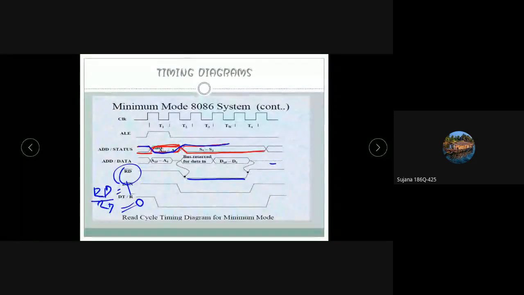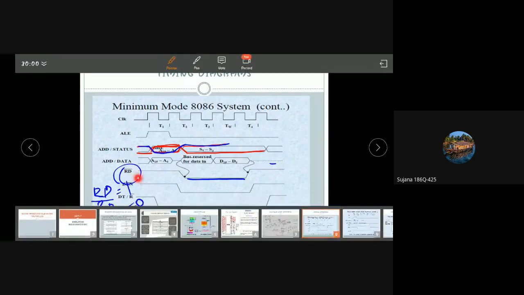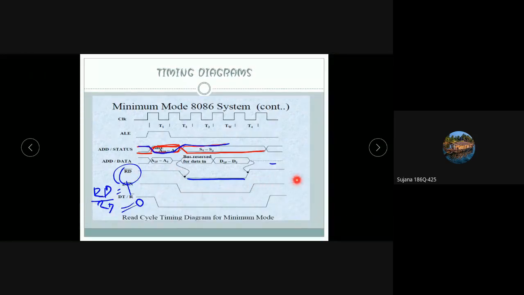Coming to the read operation, DEN bar and DT/R bar will be synchronized with read bar. That means the data has to be taken. In order to perform the operation, data has to be taken. So DEN bar will follow read bar. Whenever the read bar goes high, it will go high, and whenever the read bar goes low, it will go low.